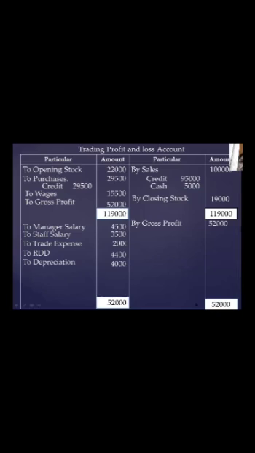Total is 52,000. Now I take the manager commission on the debit side, and I'll take the difference of these two.